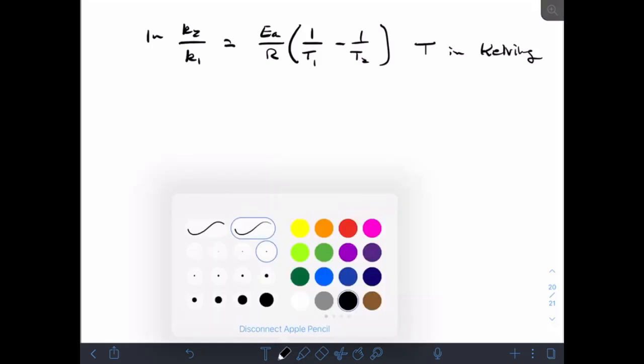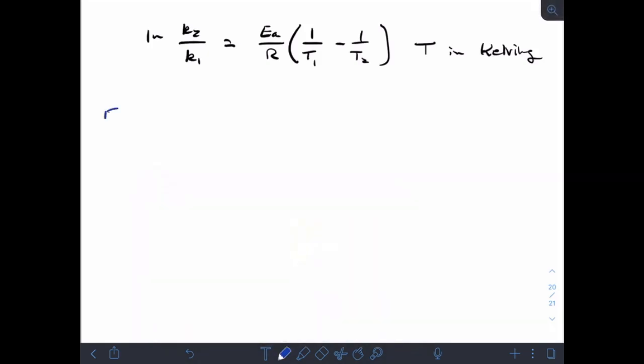Okay, so let's say that we have a first order reaction. We have N2O5 decomposing to N2O4 plus oxygen.